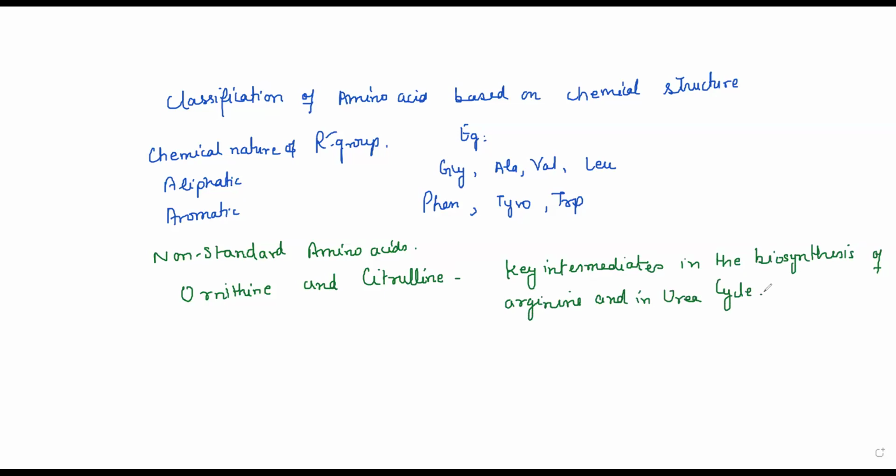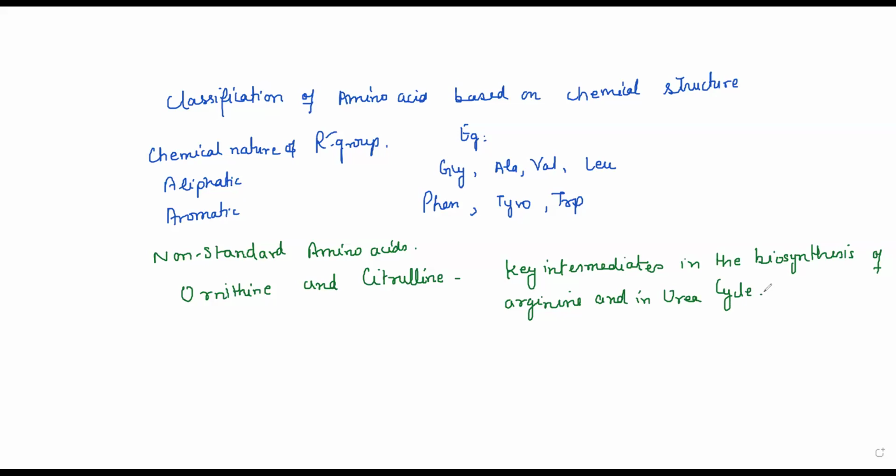So we know that there are more than 300 amino acids, and some are derivatives also, playing important roles.